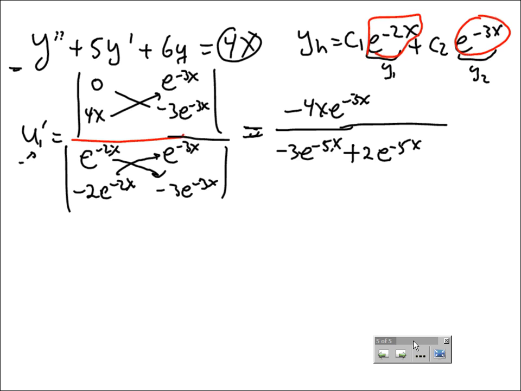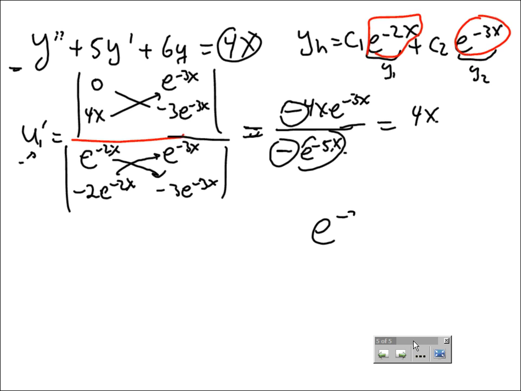So it turns out, since we're adding e to the negative 5x's, negative 3 plus 2 is negative 1. We're going to have negative 1 e to the negative 5x. Negative over negative is positive, and there's the 4x.